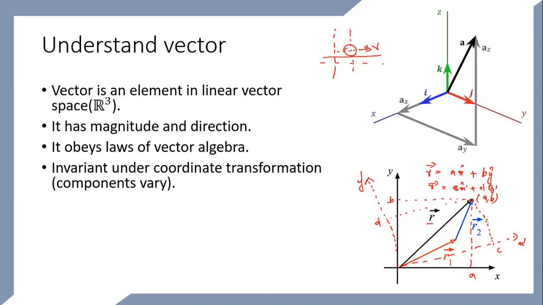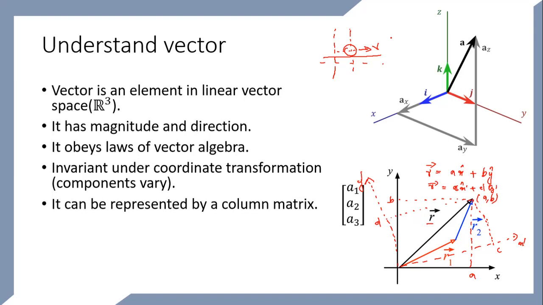Does the velocity of the ball change? No, only my frame of reference has changed. So with the frame of reference, what changes is just the coordinates of that particular vector, and nothing about the physical properties of that vector changes. So the vector remains invariant under coordinate transformation, but its components may vary.